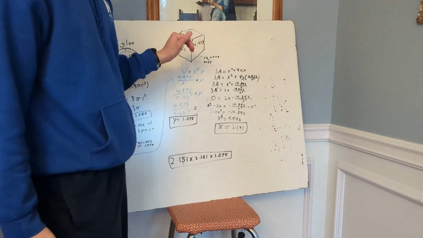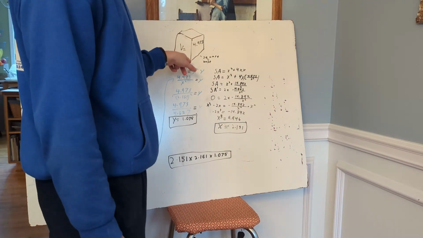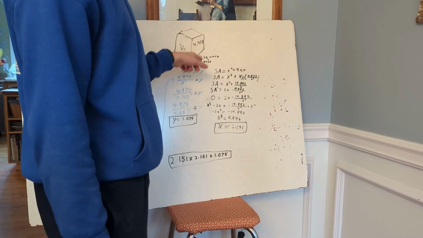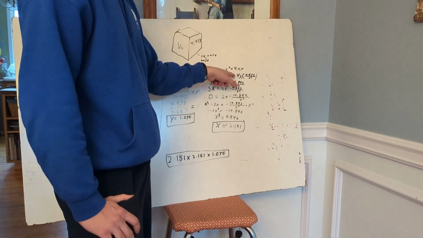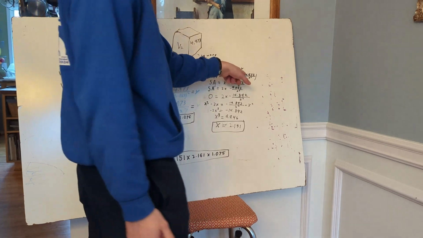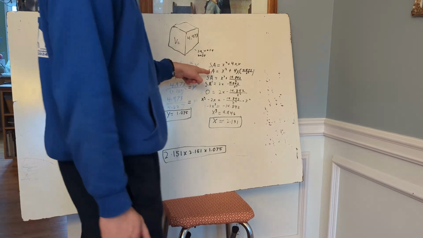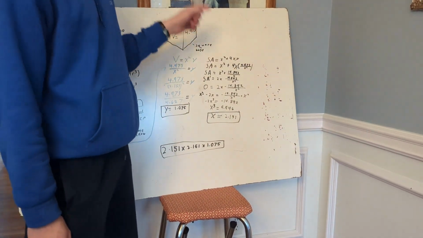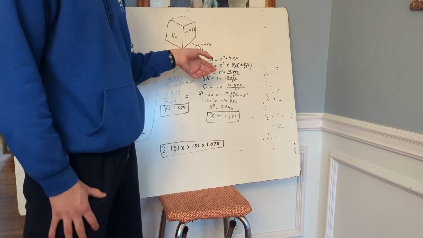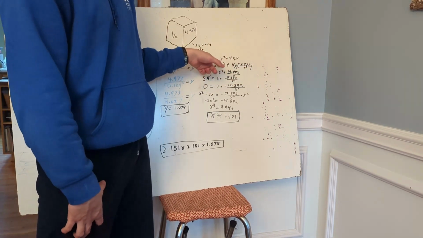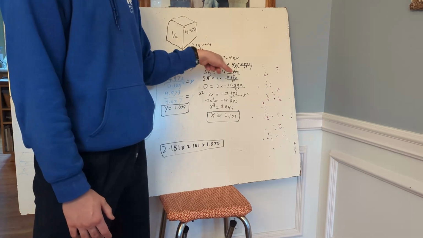We'll plug that into our surface area formula, which is x squared plus 4xy, because we have a square base, and then each side is x times y. So we have x squared plus 4x times 4.973 over x squared, and we can cancel out an x from this equation, and we get x squared plus 19.892 over x.